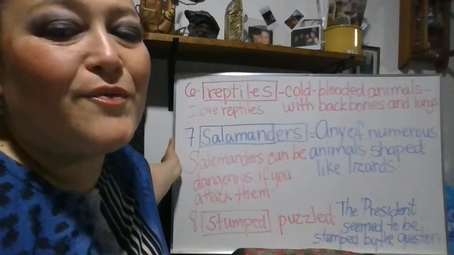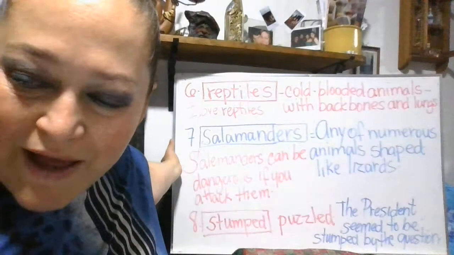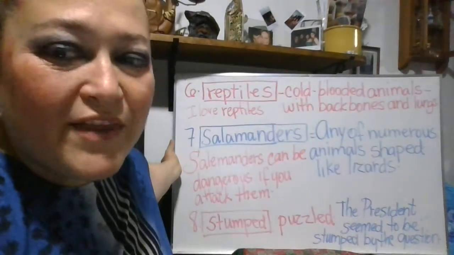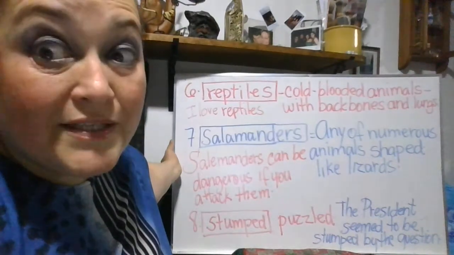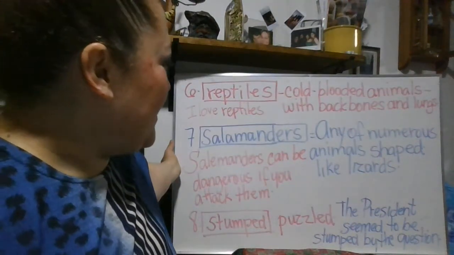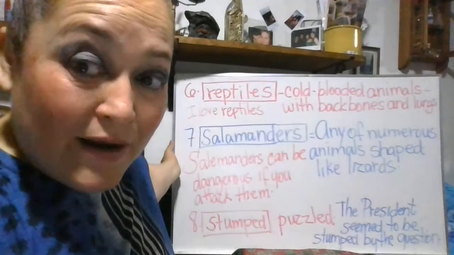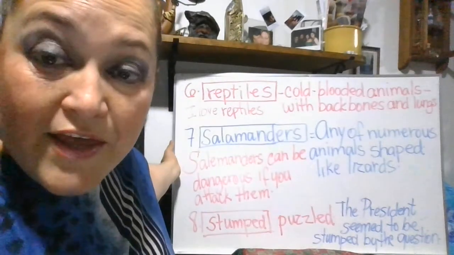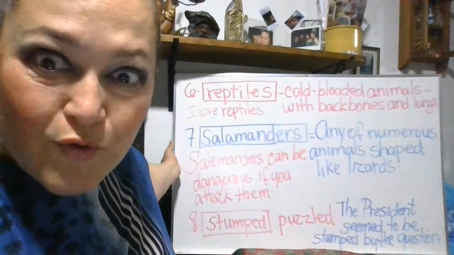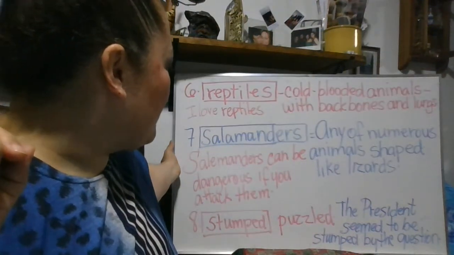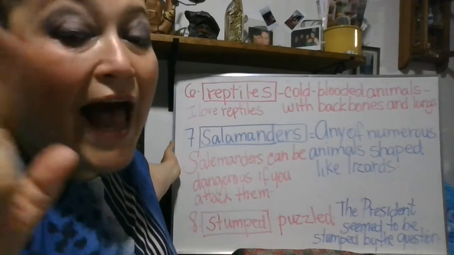The story we're going to read, I told you, is about something to be solved with a salamander. So what is a salamander? Any of numerous animals shaped like lizards. I don't know if you have seen salamanders. Have you seen salamanders? They are creepy, a little bit creepy. Salamanders can be dangerous if you attack them.